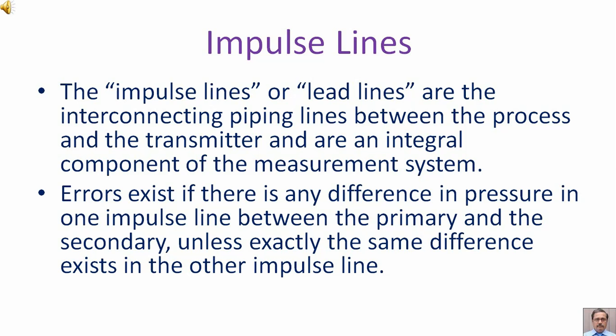Errors exist if there is any difference in pressure in one impulse line between the primary and the secondary, unless exactly the same difference exists in the other impulse line.